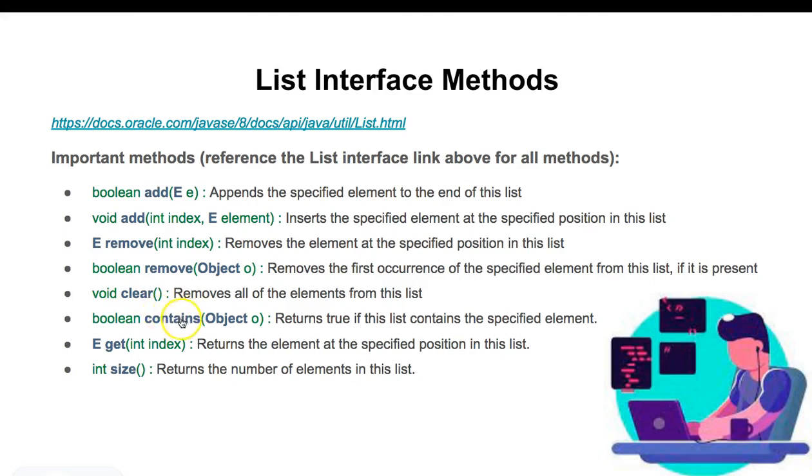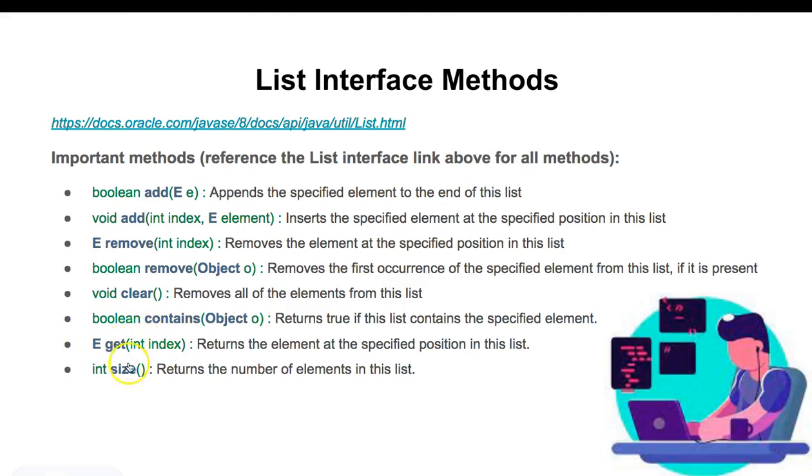When it comes to contains, you insert the object that you want to look for and it returns true if it's contained within the list, or false if it's not. Get is a handy tool that allows you to get an element at a specific index. It's going to return the element at that specific index.